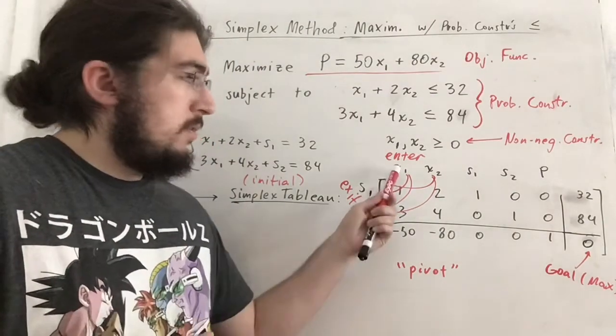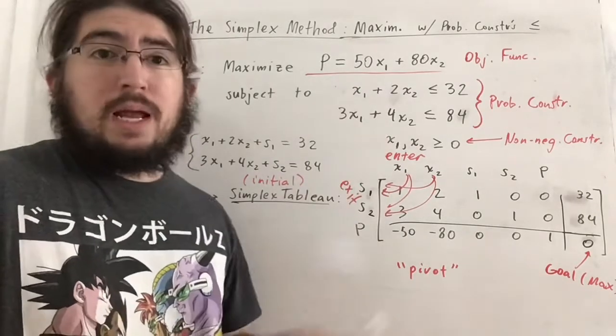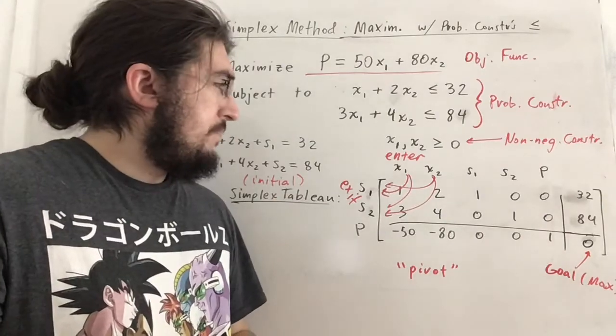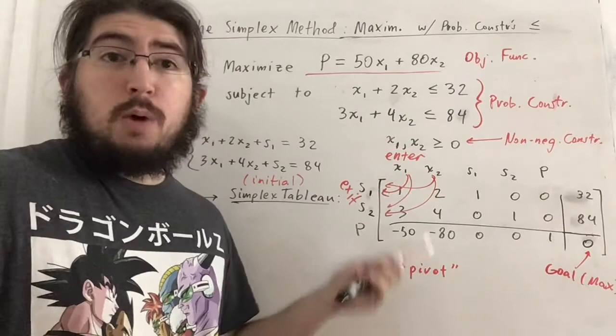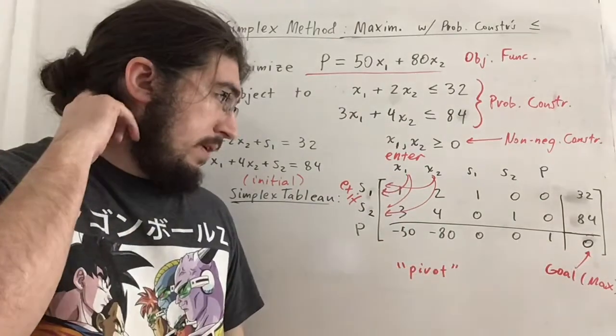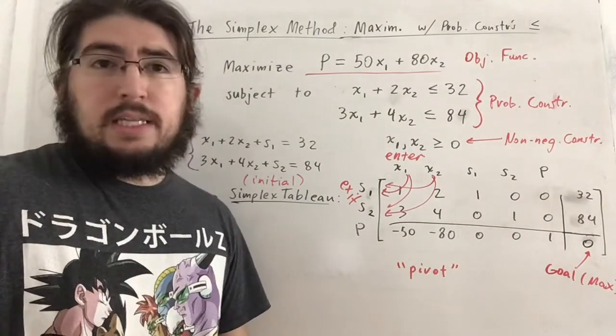So here our variables are x1 and x2. Those are our main variables we had constraints on before we introduced our slack variables. And once we perform the pivot, in this case twice because there are two variables, then we'll be done and we'll actually have the maximum that we wanted at the end. So let's see that right now.